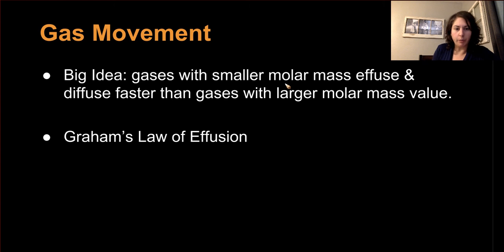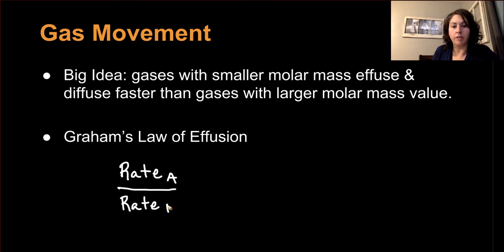Basically, we take two gases, and we say the rate for, say, gas A compared to the rate of gas B, the rate at which they would effuse or diffuse, either way, is equal to the inverse square root of the molar masses.